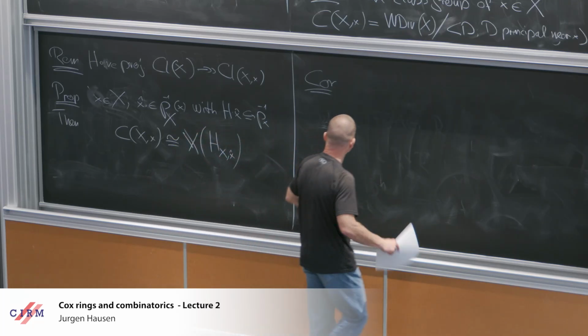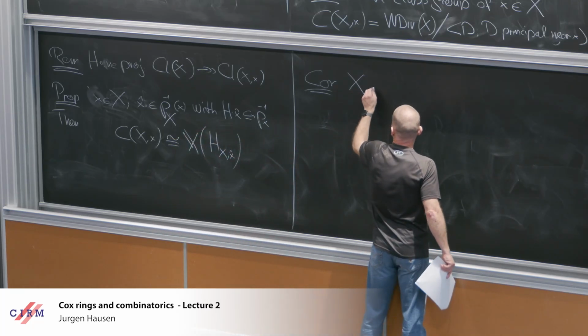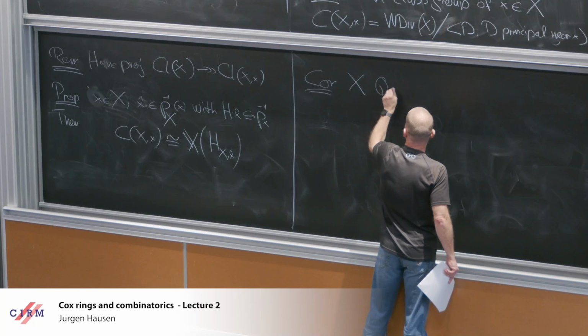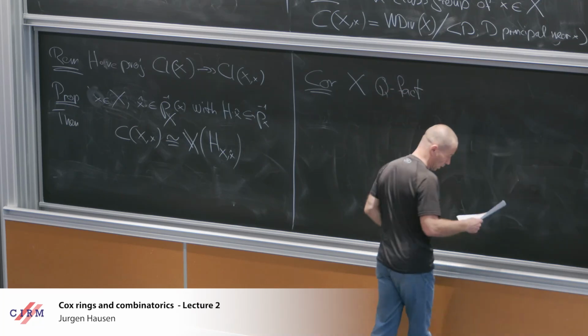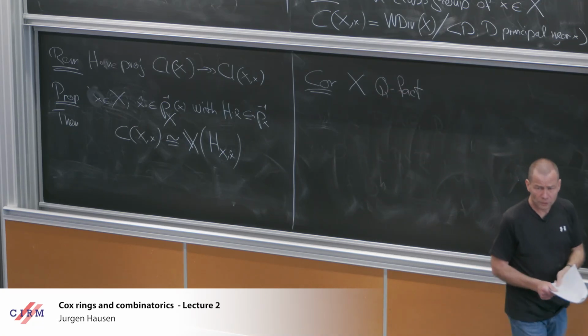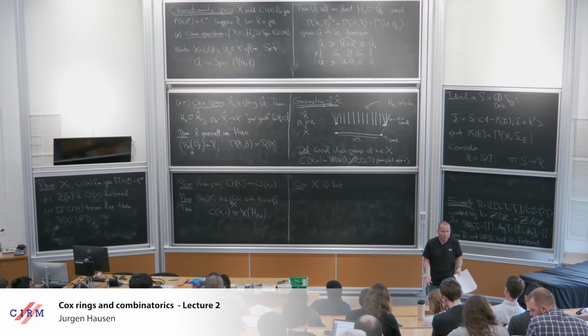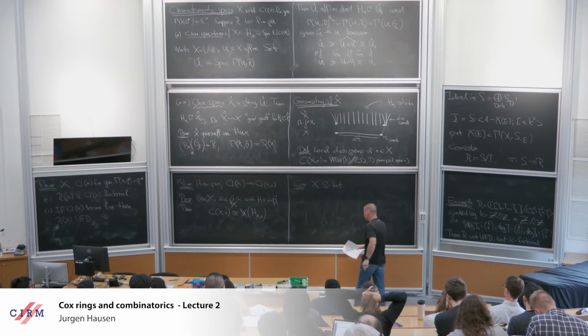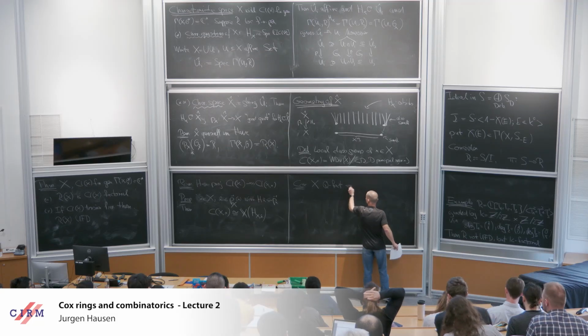Corollary: X is Q-factorial. What does Q-factorial mean? Any divisor has a Cartier multiple. It means that all the local class groups are finite.